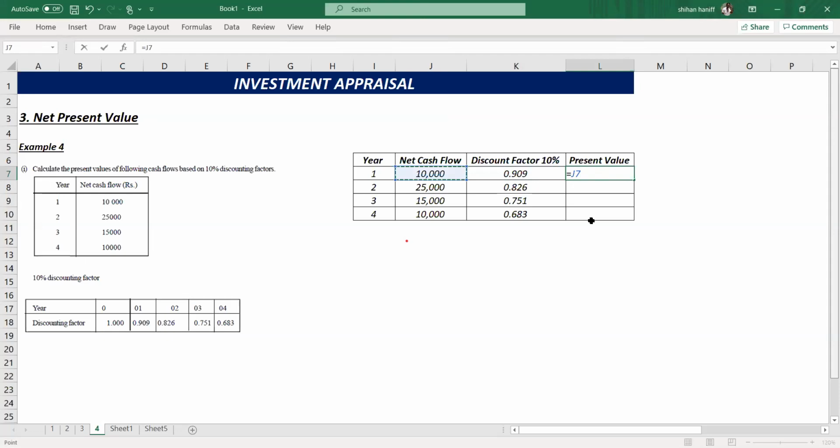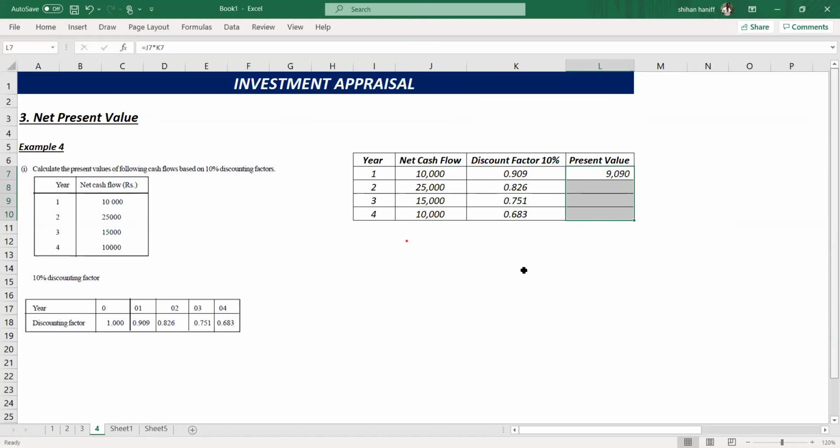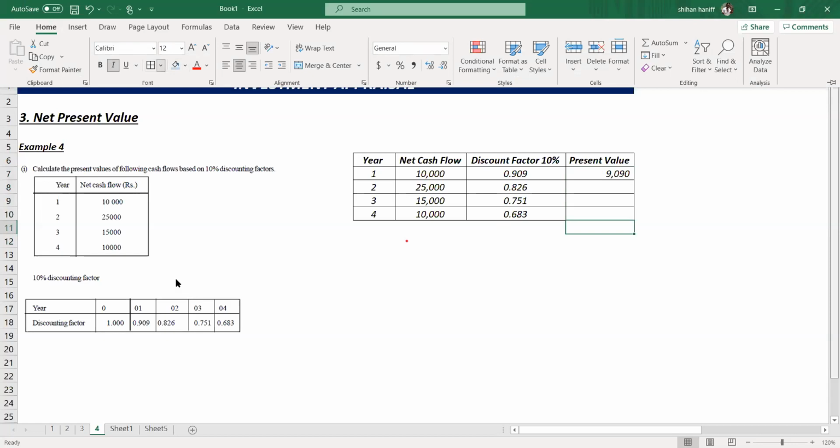So 10,000 times 0.909 is 9,090. Multiply all of these, and you get the final answer. This is called net present value.